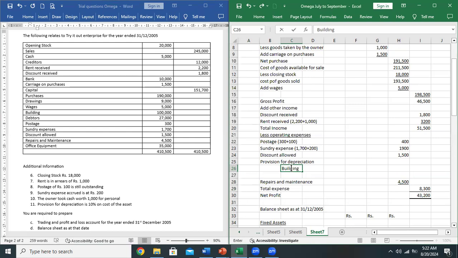So the first asset is the building. You multiply 10% by the cost of the building, which is 100,000. That will give you 10,000.